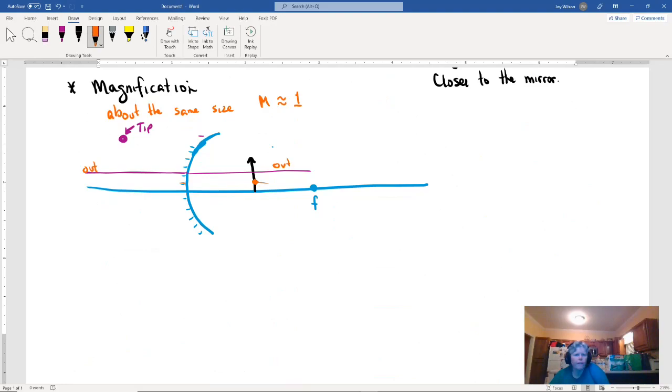Okay. It's got to go out through the focal point. Got to go out through there, and it's got to go in parallel. So we're going to take that piece off. So this one is going to, these should cross right about here.